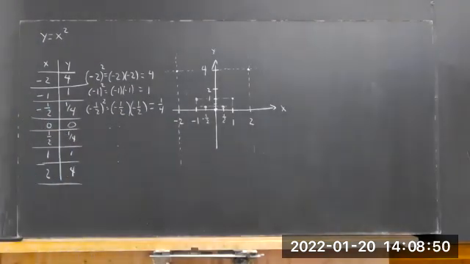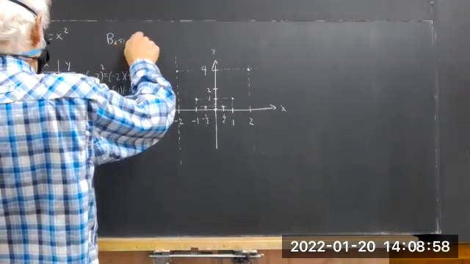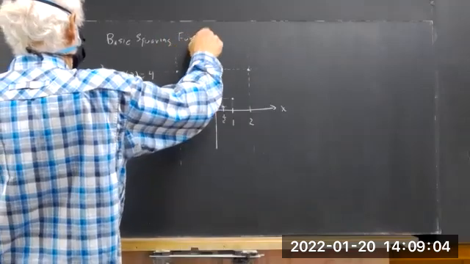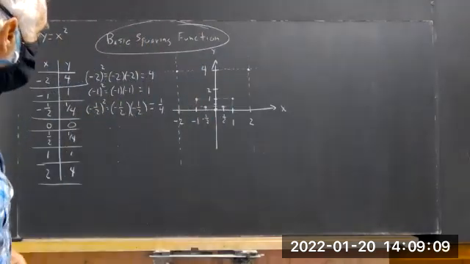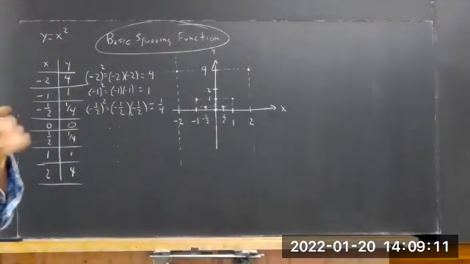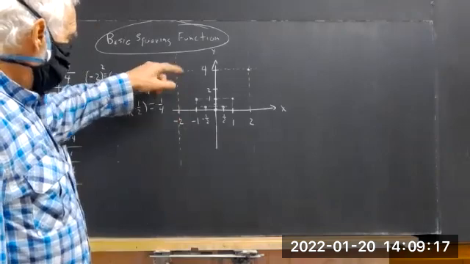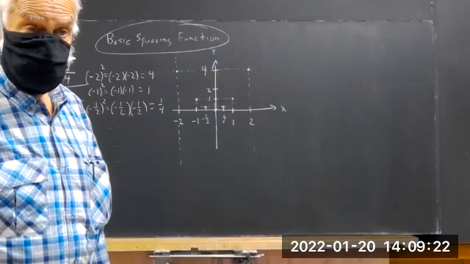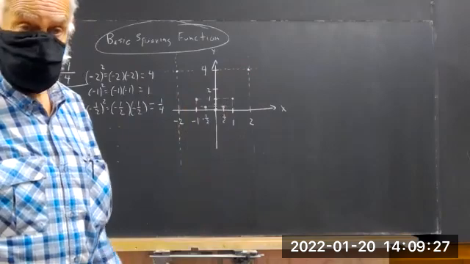Okay. Now, we call this the basic squaring function. And I realize I've only got a minute left, so I'm going to leave it at that. But I'll say the basic squaring function is just these 7 points. Okay? Just these 7 points. Suppose we drew a curve, a very good curve. Okay?